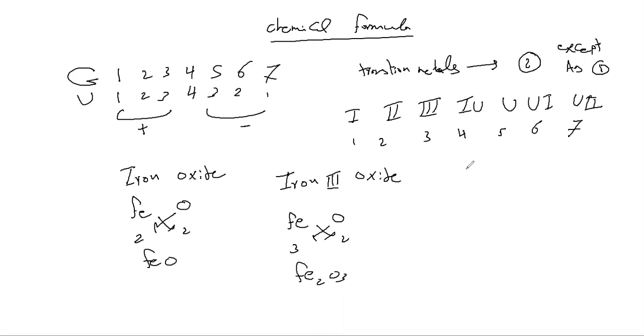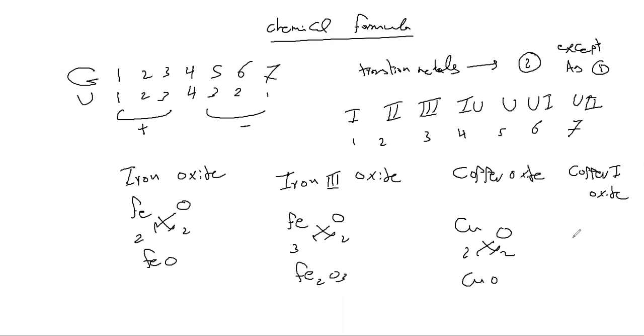Also, copper oxide and copper(I) oxide. For copper oxide, Cu is 2, oxygen 2, so it will be CuO. While for copper(I) oxide, Cu is 1, oxygen is 2, so the formula will be Cu2O.